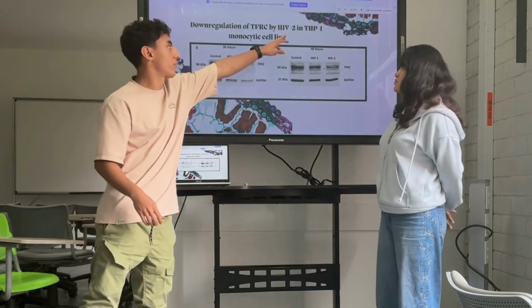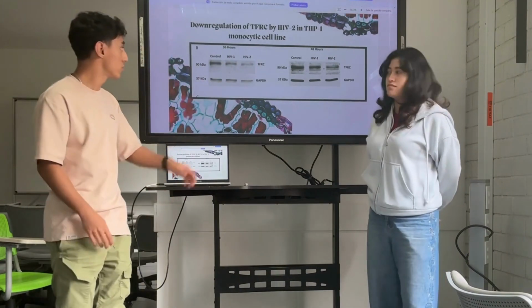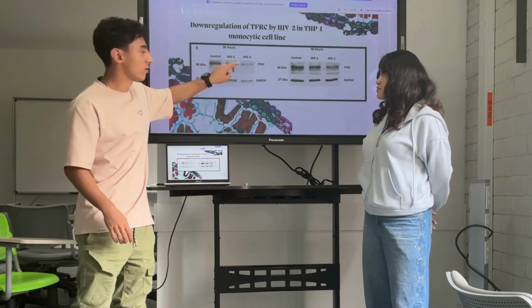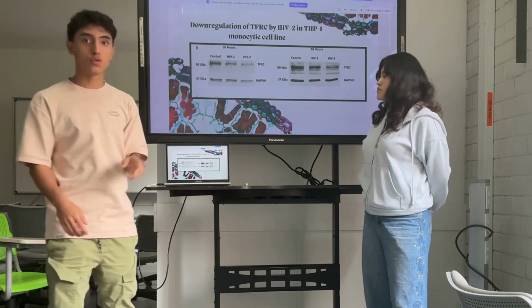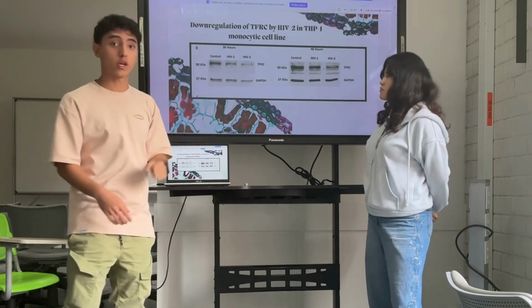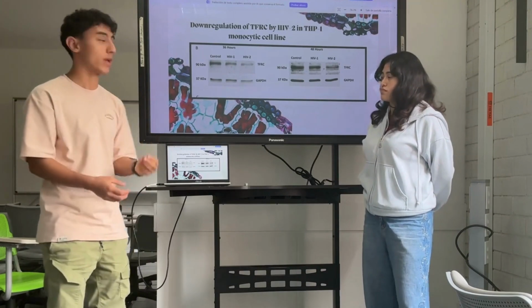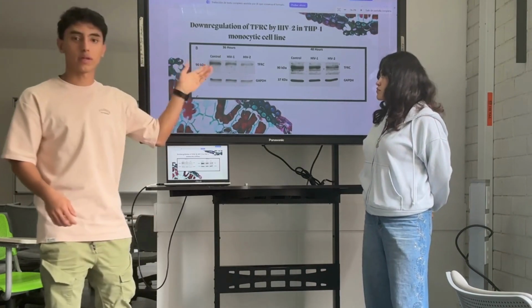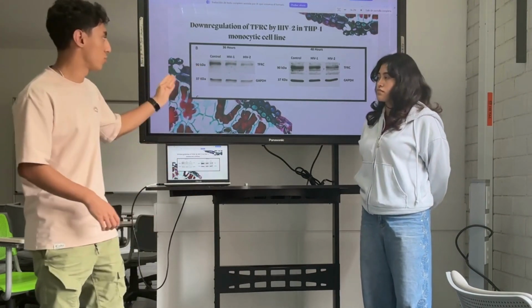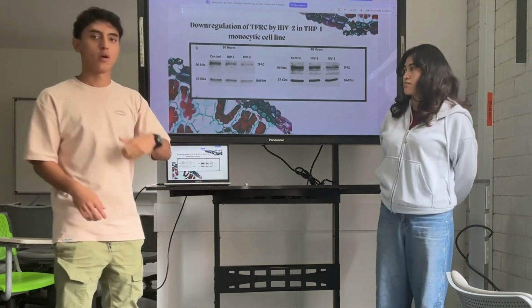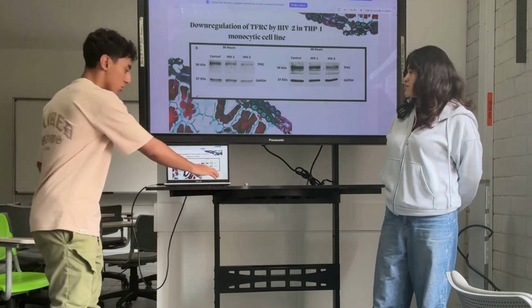Also we can see the downregulation in THP1 cells, because we can see here that there was a downregulation of HIV2, and of course also TFRC expression, basically at a proteomic level at 36 hours and 48 hours post-transduction. This was shown in both of them, but also an HIV upregulation.